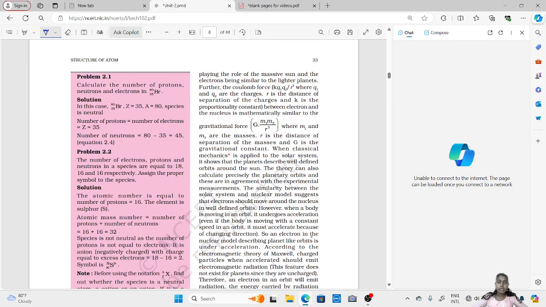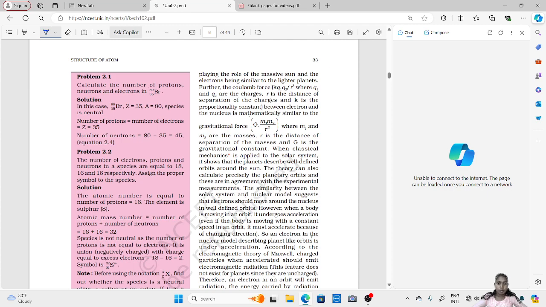First, the Coulomb force, where F = kQ1Q2/R², where Q1 and Q2 are the charges, R is the distance of separation of the charges, and k is the proportionality constant.